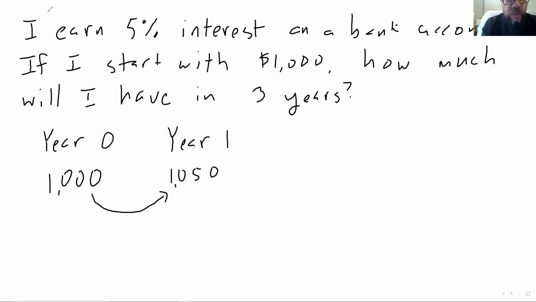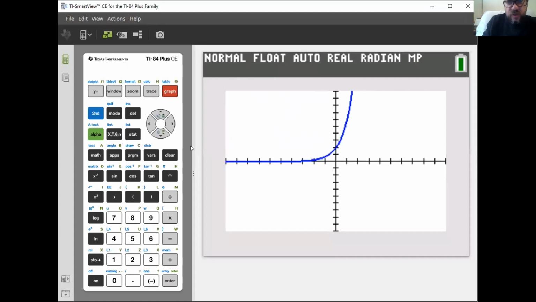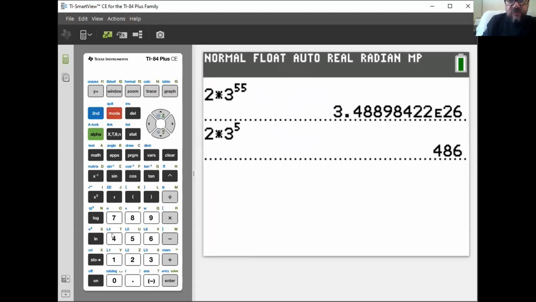If I want to calculate how much I have in year 2, I'm going to go to the TI calculator here. I wanted to find 1,050 plus 5%. So I want to do 1,050 times 0.05.